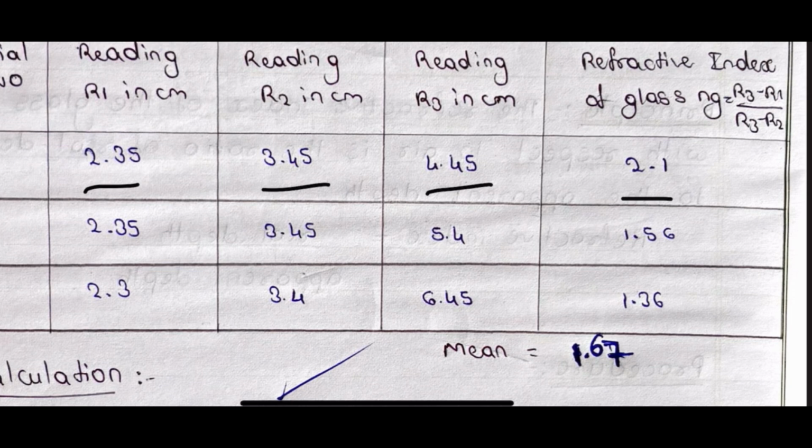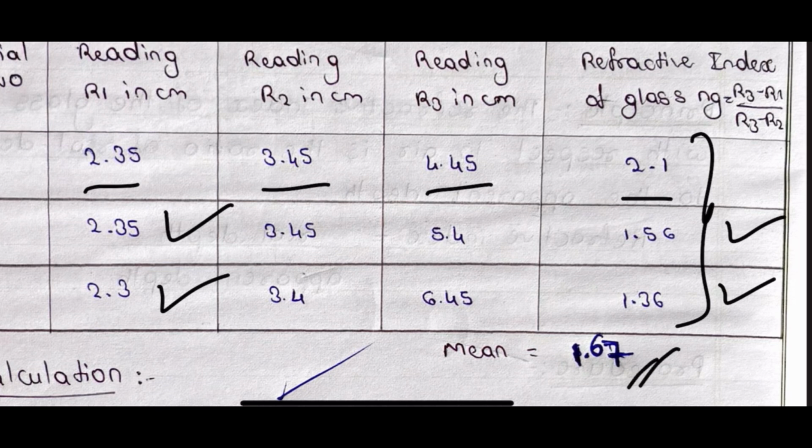In the same way, we observe the second and third trials. After that, we have to take the mean of Ng, that gives 1.67. We have to add these 3 readings of Ng and divide that value by 3.